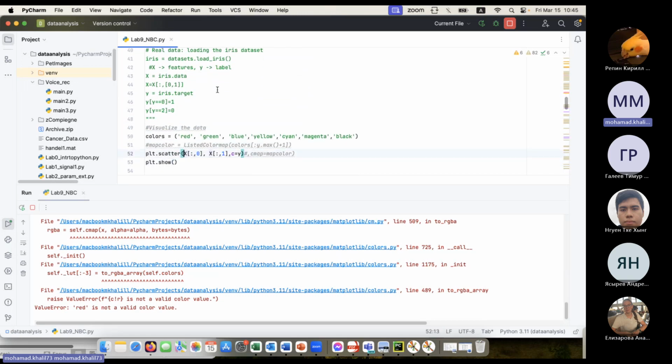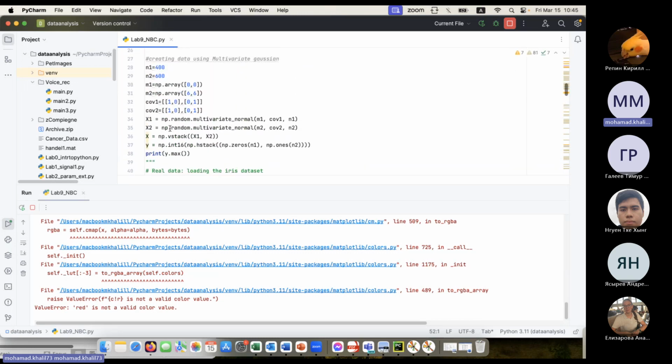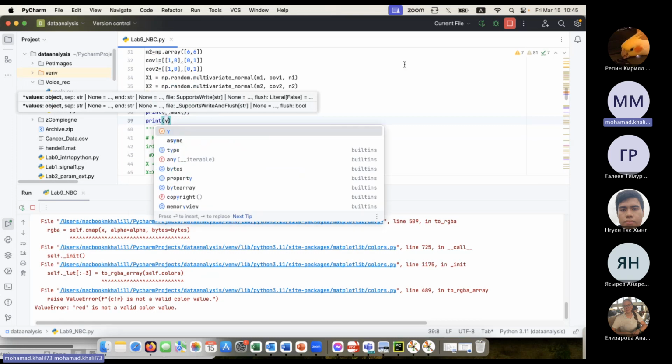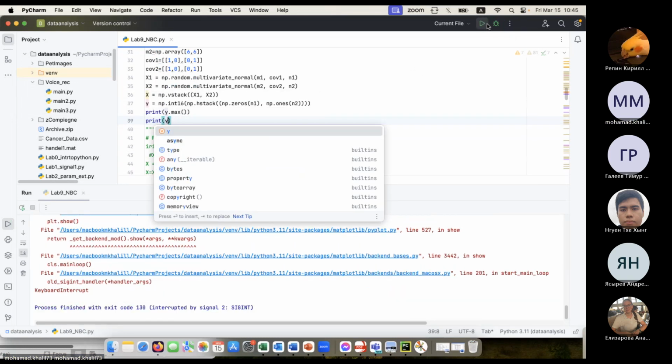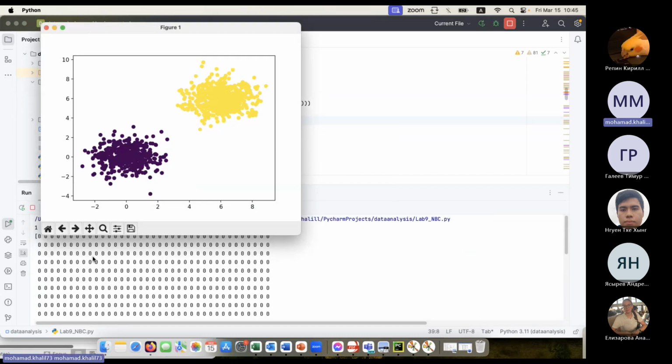But if I plot here the color map like that, why did it work before? Look, it's really strange. I want to print y. Sometimes it works, sometimes it doesn't work. I don't know why. Okay, run. 0011. Great. I continue.